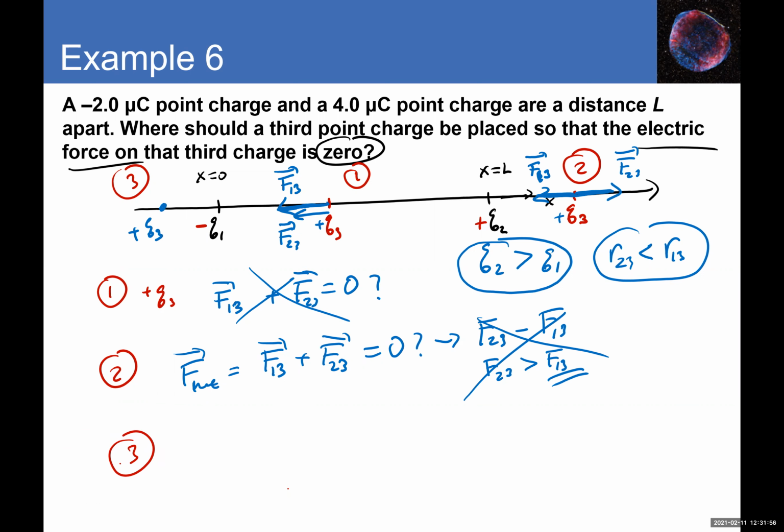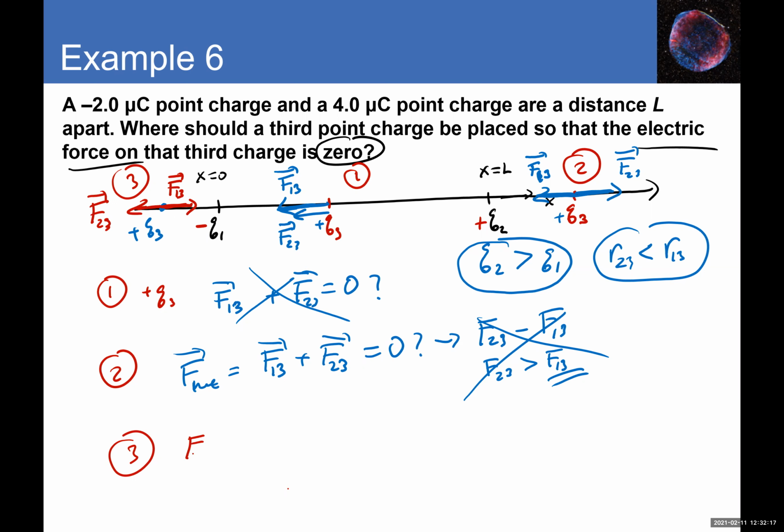So in region 3, what I have here is this. Q3 is going to be pulled toward Q1, as we already know. So it's going to be this, right? Force 1 on 3. Q2 is going to be pushing Q3, so the force is going to be in this direction. Force 2 on 3. It's nice that they're in opposite directions.